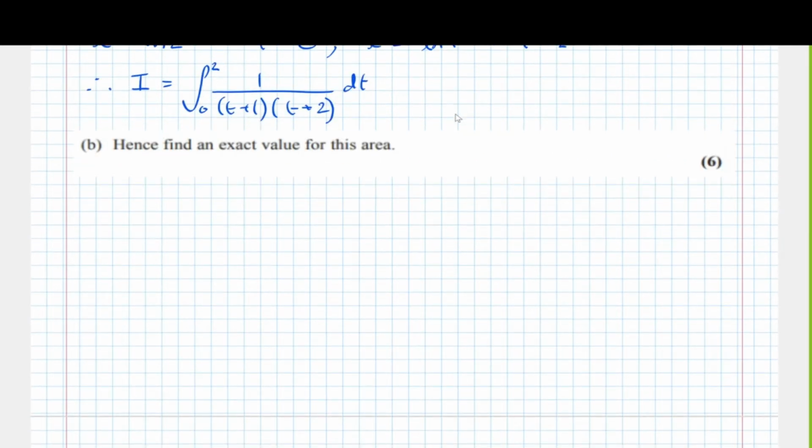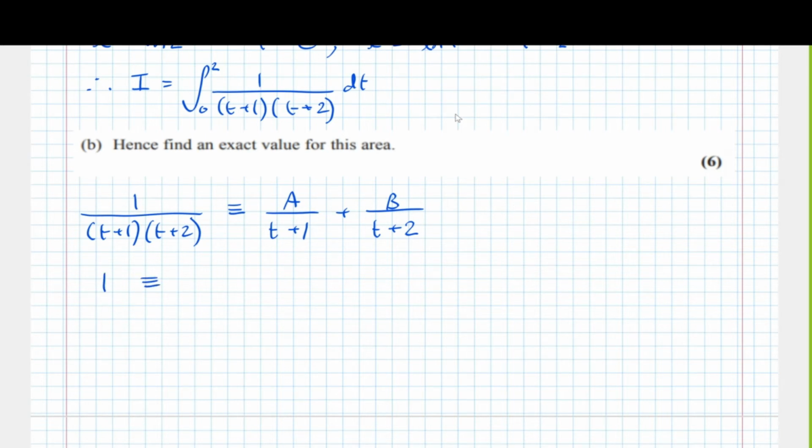So 1 over t plus 1 t plus 2 is identical to a over t plus 1 plus b over t plus 2, like that. Multiplying by the denominator, we get 1 is identical to a t plus 2 plus b t plus 1. I'll give you a moment to sort that out yourself.